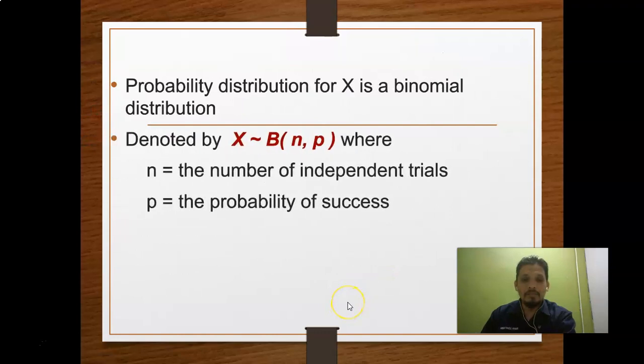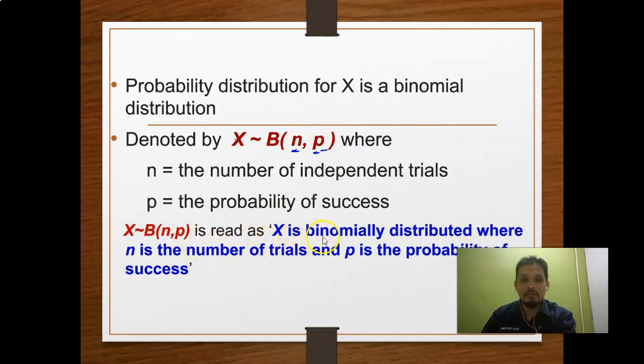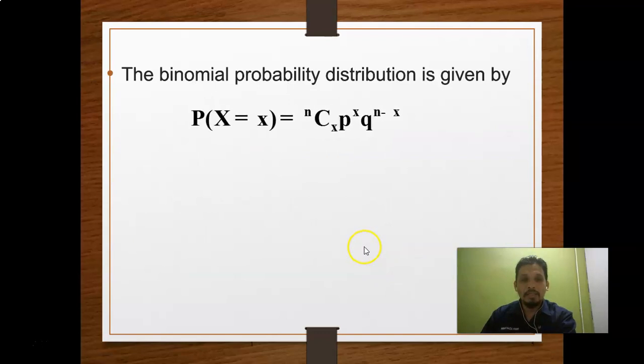So the probability distribution for X is a binomial, denoted as X binomially distributed with n number of trials and p the probability of success. That is how we read it, and it is given by the formula P(X = x) = nCx p^x q^(n-x), where nCx is n factorial divided by (n minus x) factorial times x factorial.